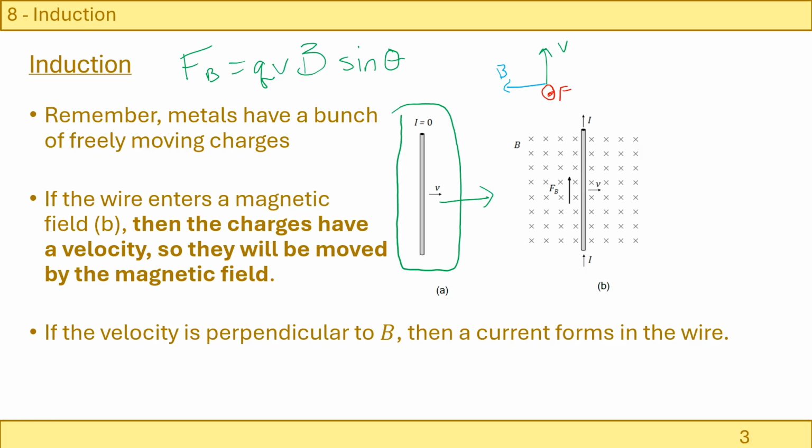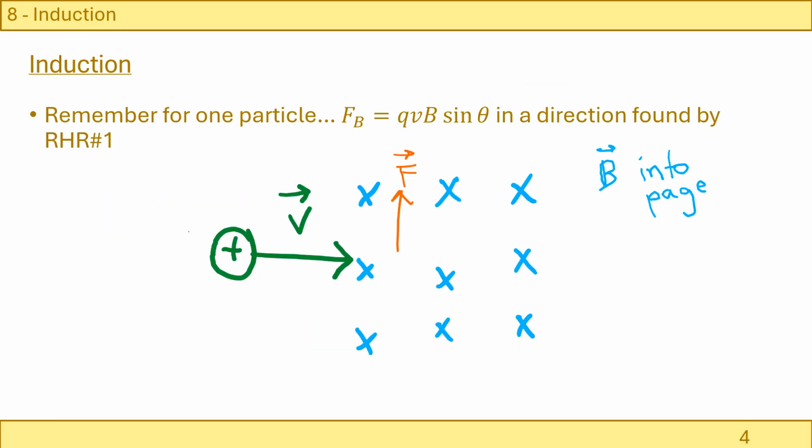So we can zoom in on the individual atoms and electrons. If you think about a positive charge moving into a magnetic field which is pointing into the page, that's the blue X's, then it should feel an upwards force. But if it was a negative charge, then we would have to flip it and it would feel a downwards force.